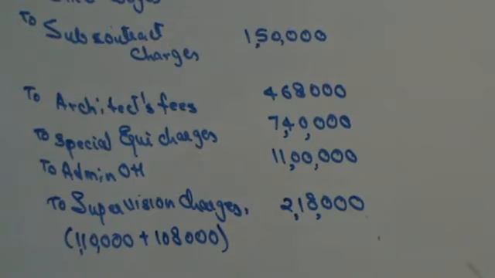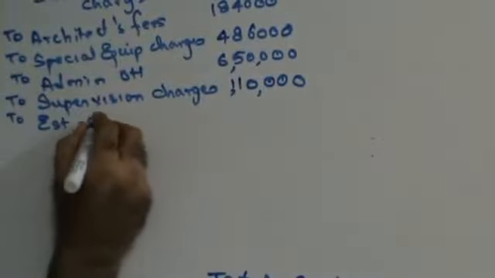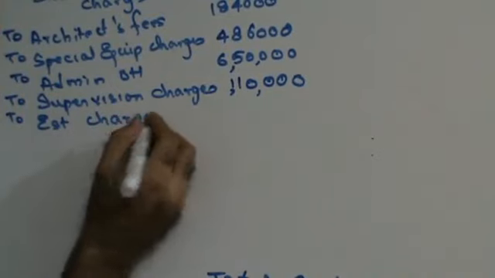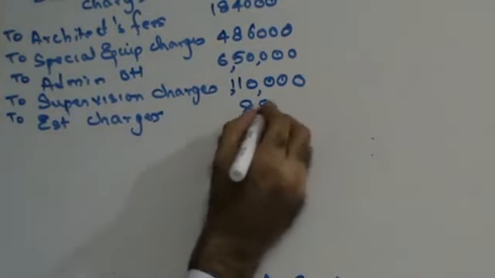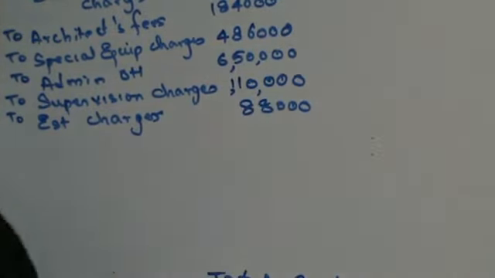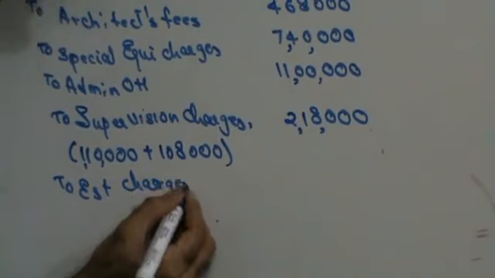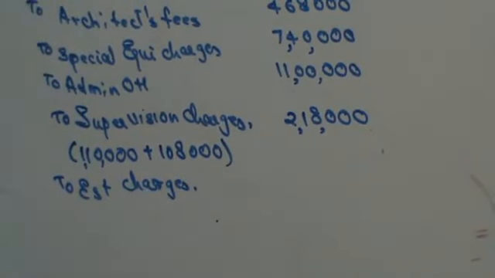Right? Next, to establishment charges. Establishment charges are 8,000 per month, so for 11 months it will be 88,000. And in the total contract, 9,000 per month for 9 months.